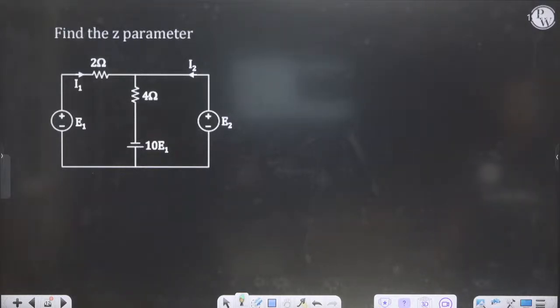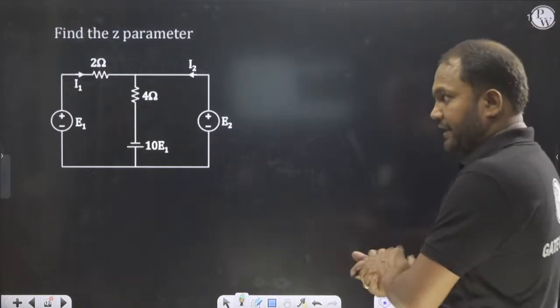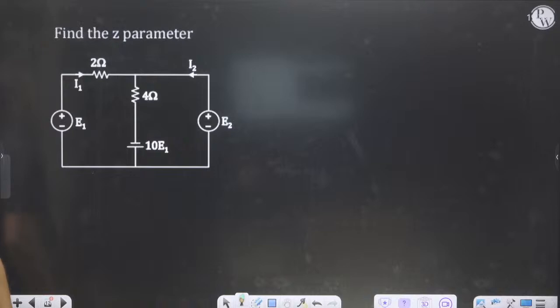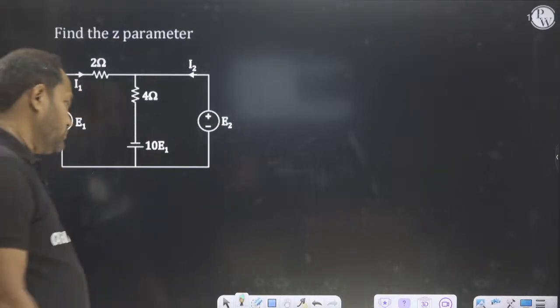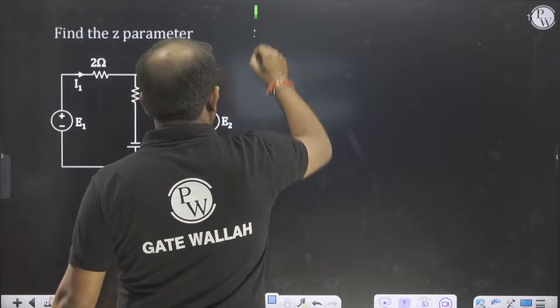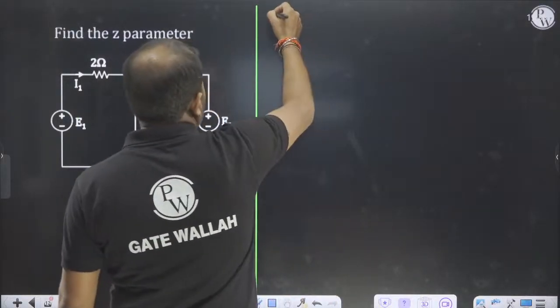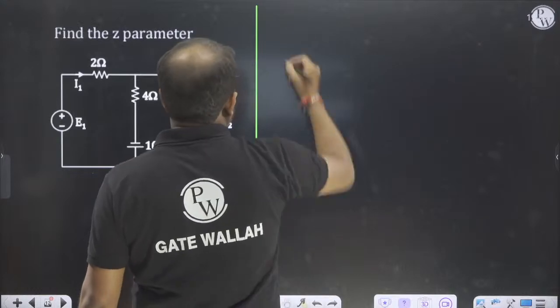This is a dependent type question. For the Z parameter, what will you do? You have to set I1 equal to 0. If I put I1 equal to 0, then this is open circuit.